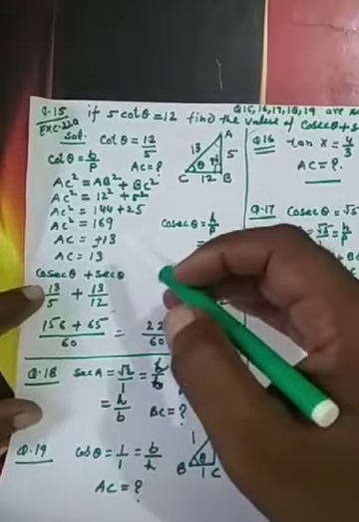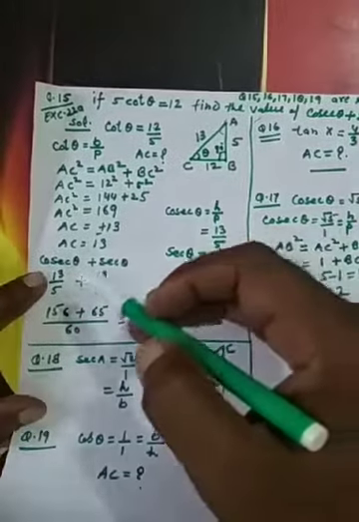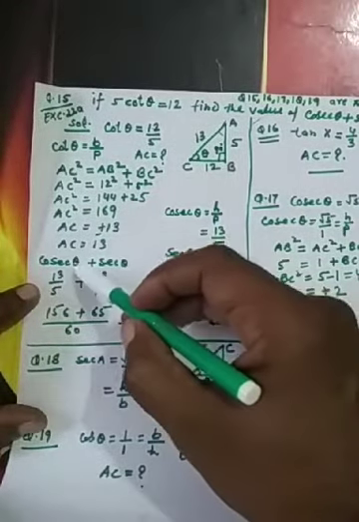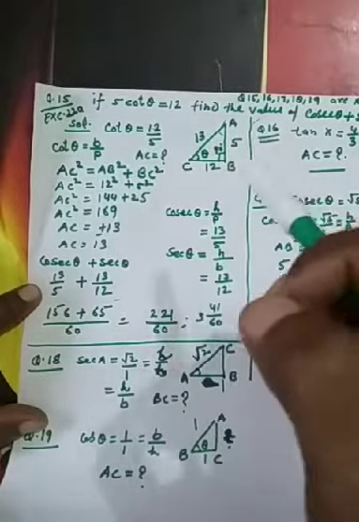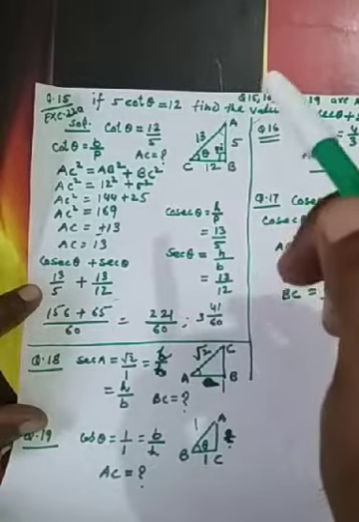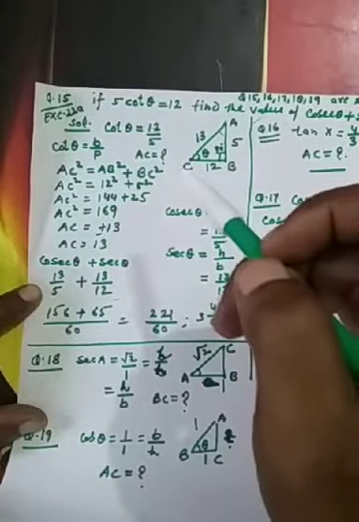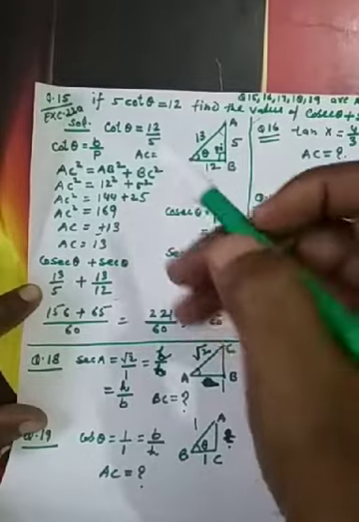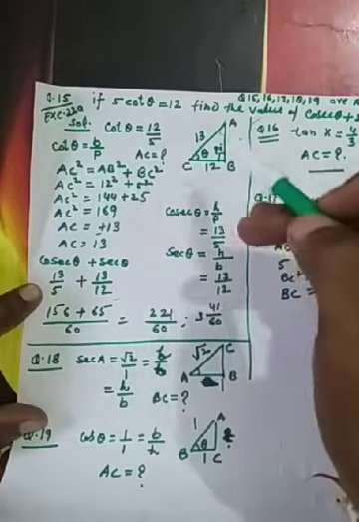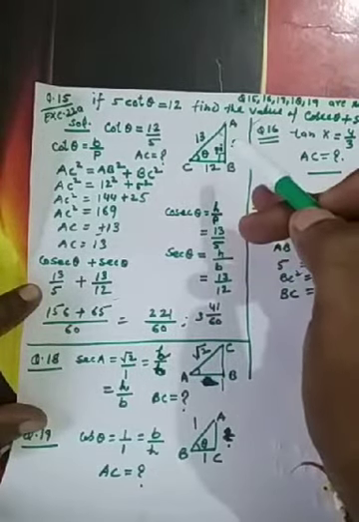Okay. So what we have to do in this question is find the value of cosec theta plus sec theta. Again I am telling you, this point is very important. You first draw the right angle triangle and mention the sides which are given in this question. 12 and 5 are given, so we have written 12 and 5 here.